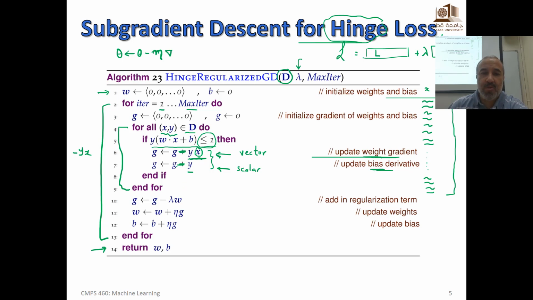So we should make it minus the learning rate times the gradient, and this one also should be minus the learning rate times the gradient. Minus here and minus here is positive eventually.